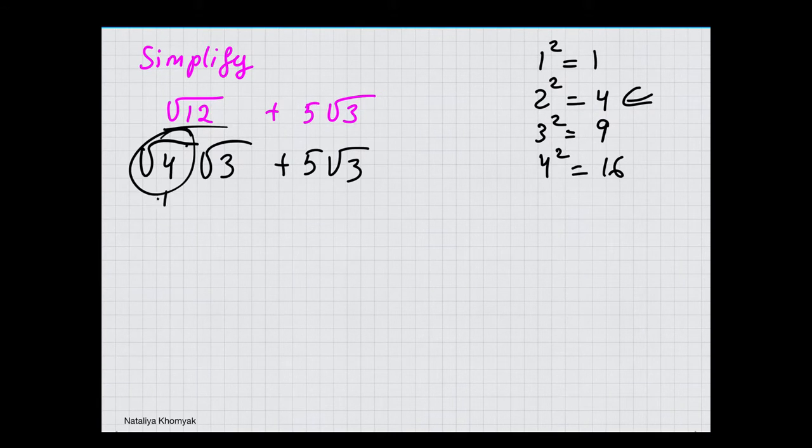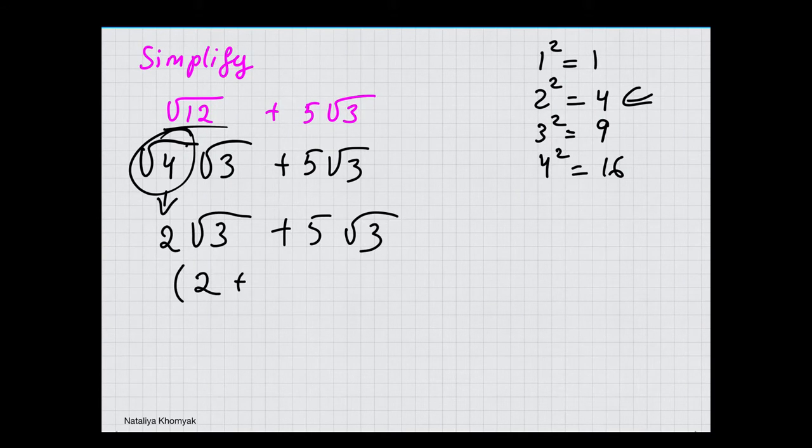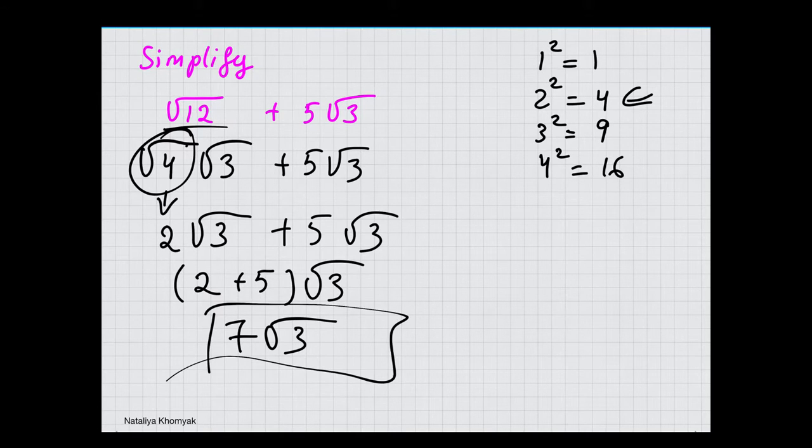Square root of 4 is 2 radical of 3 plus 5 radical of 3. Now we can combine. We have 2 plus 5 of square root of 3, and now we have 7 radical of 3. And this is our solution.